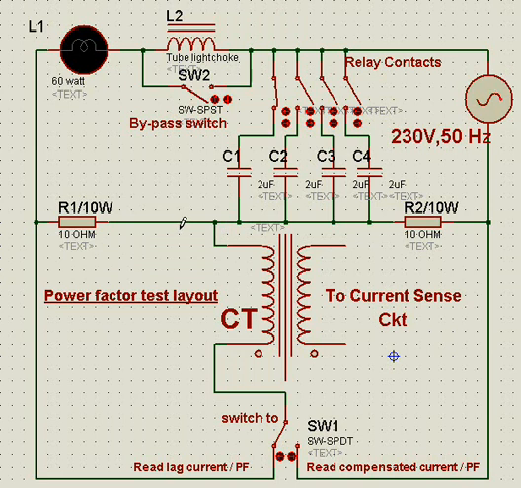So this is the arrangement which has been made to see both the lagging current and the compensated current.